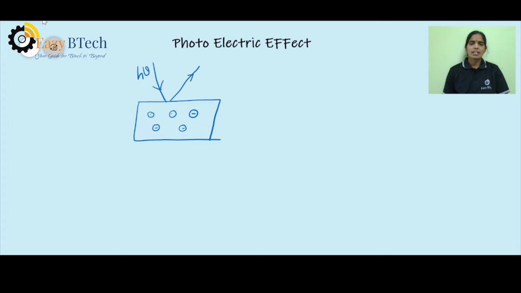These electrons are termed photoelectrons and the phenomenon is called the photoelectric effect. To give a brief definition of the photoelectric effect: when radiation of a suitable frequency, or I can say high frequency, is made incident onto the surface of a metal, electrons are ejected from the surface of the metal.